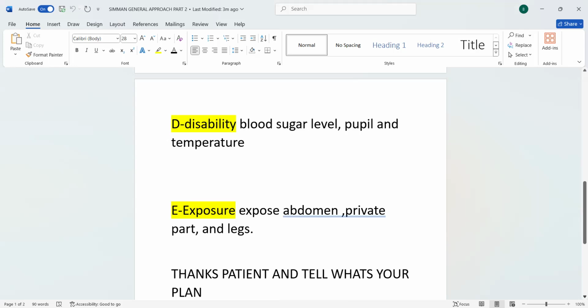So at the end, thank the patient and tell them your next plan. For example, if the patient has hypoglycemia, after the patient becomes stable, you will tell them that we will keep you in the hospital, the consultant will visit you, we will run some other tests, and then we will refer you to the diabetic clinic.